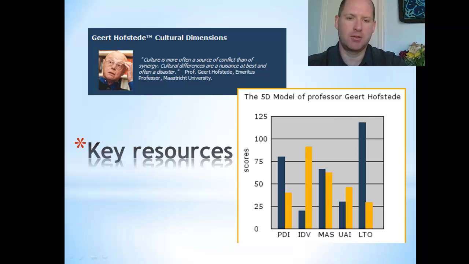Individualism is really low for blue, but very high for yellow. And so what does that mean when there's such a big gap between these? There's a huge gap here, there's a huge gap here, and so those are important things from a cultural perspective.